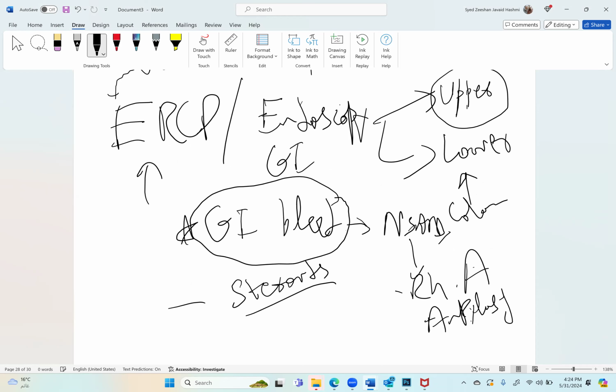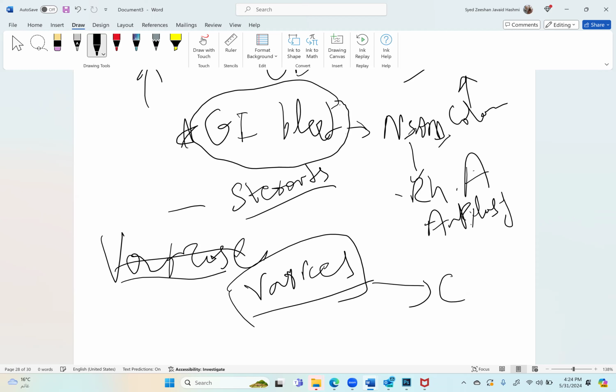Then GI bleed can be because of portal hypertension, the varices, esophageal varices. So this will open the door for end stage liver disease, or you can say liver failure.